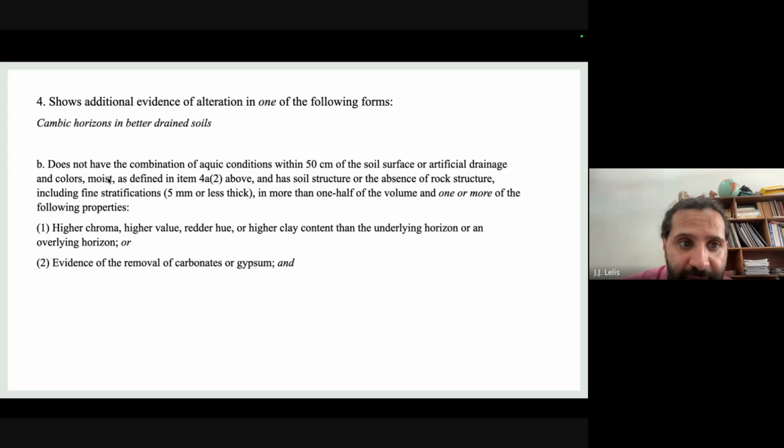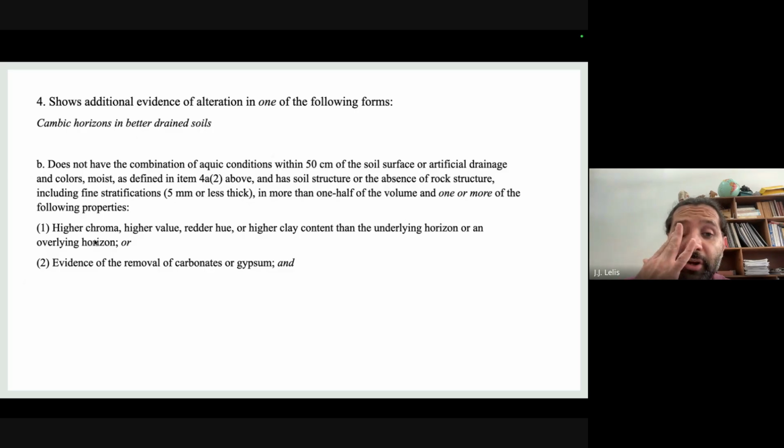And colors, moist, as defined in item 4A above as in the wet conditions, and has soil structure or the absence of rock structure, including fine stratifications, in more than 1/2 of the volume and one or more of the following properties. So I should register peds, aggregates, and I should register a low content of rock structure and higher chroma, higher value, redder hue, or higher clay content than the underlying horizon or an overlying horizon.